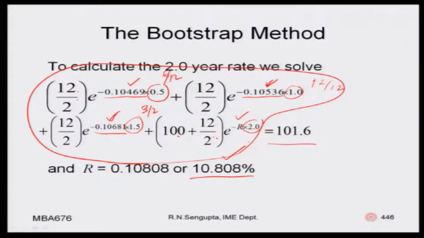That means there is no transaction. Hence, they are considered as the zero rate based on which you do the calculation. So, the values 10.469, 10.536, 10.681 and 10.808 are the zero rates, continuous compounding, for the half year, 6 months, next for 1 year, next for 1.5 years, and the last one for the 2 years period.